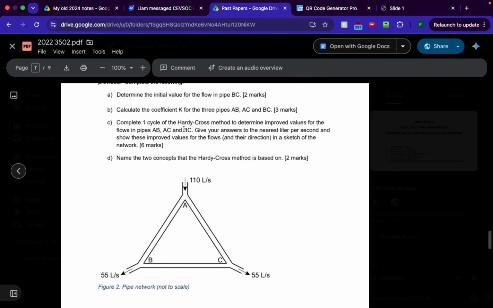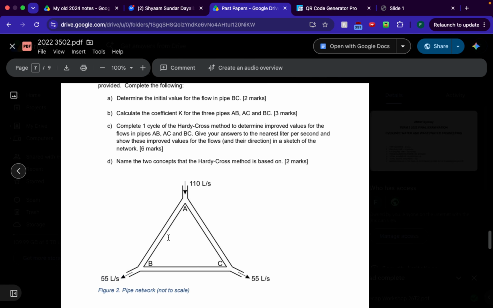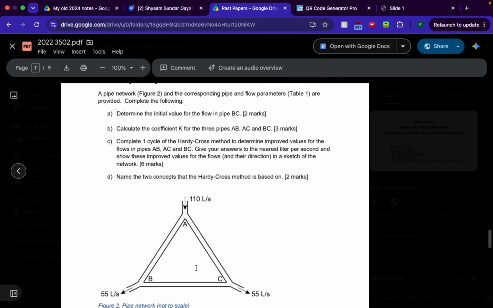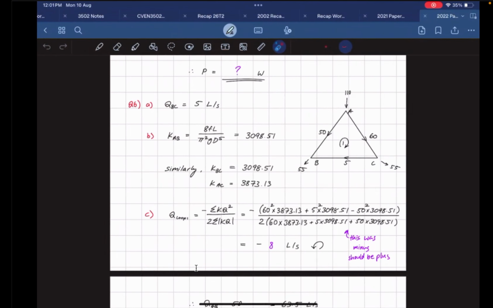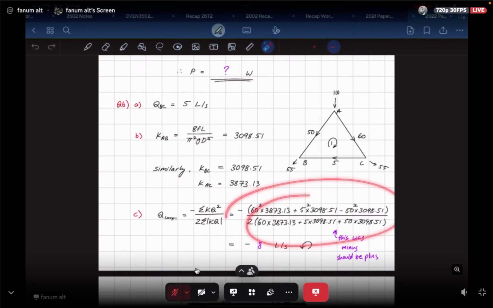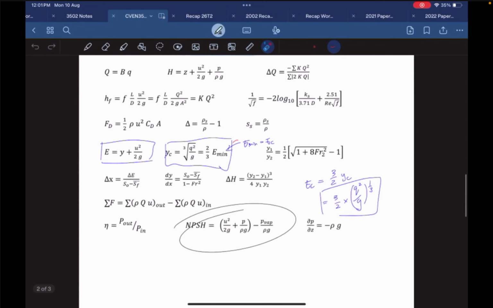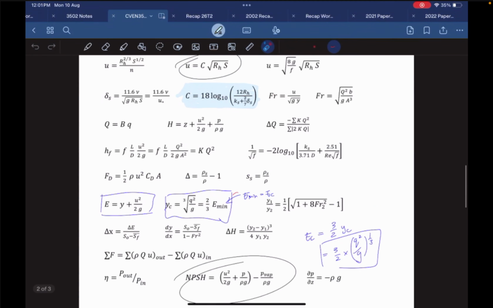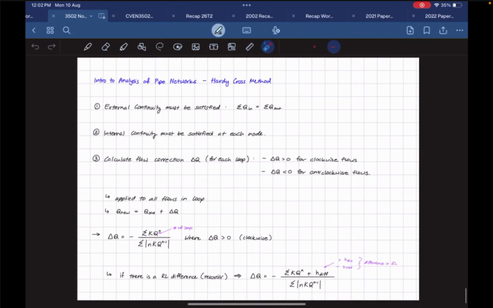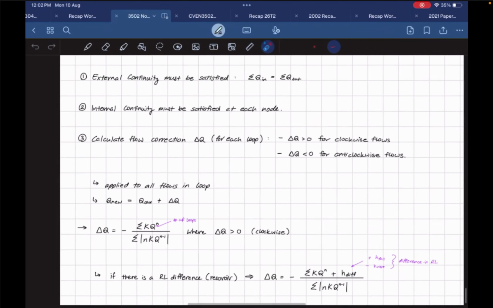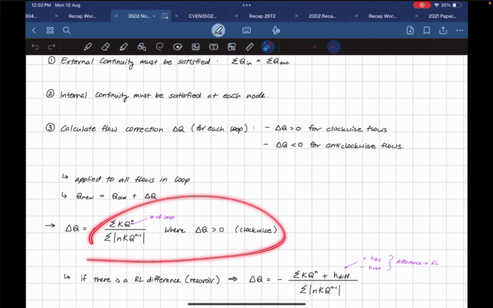Is it 2 loops in this? Alright, just always use this formula: KQ squared divided by 2 times the sum of KQ absolute value.